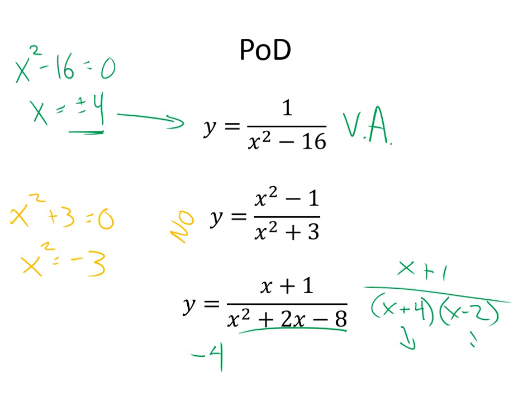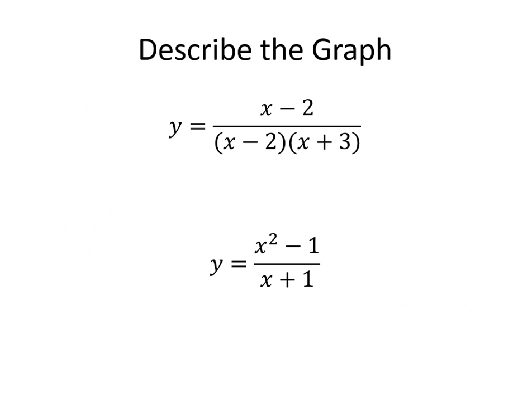And the second one would be at 2. Now if we plug negative 4 or 2 into the x on the top, we see we don't zero them out. So that means we have vertical asymptotes again at negative 4 and 2. Okay, so this would be when x equals negative 4 and when x equals 2. We have vertical asymptotes.